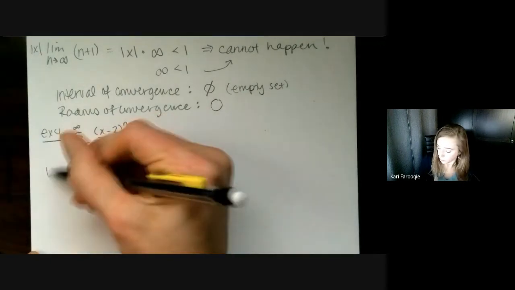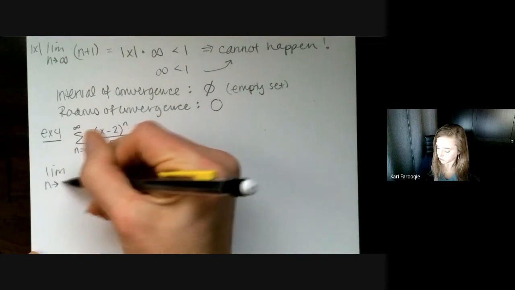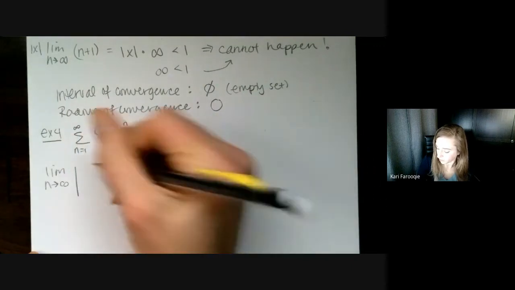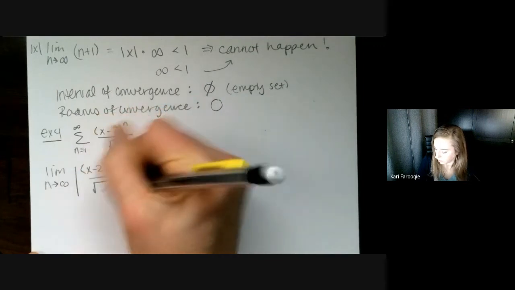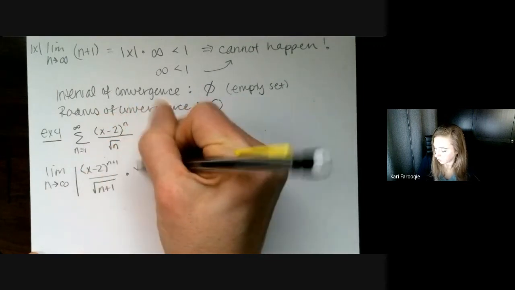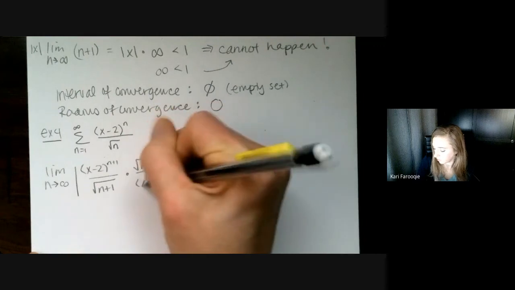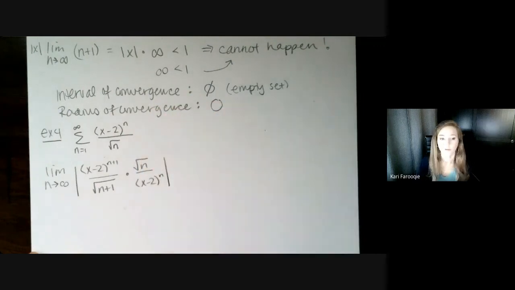We're going to start out by taking the limit as n approaches infinity of the absolute value of (x minus 2) to the n plus 1 divided by the square root of n plus 1, times the square root of n divided by (x minus 2) to the nth power.